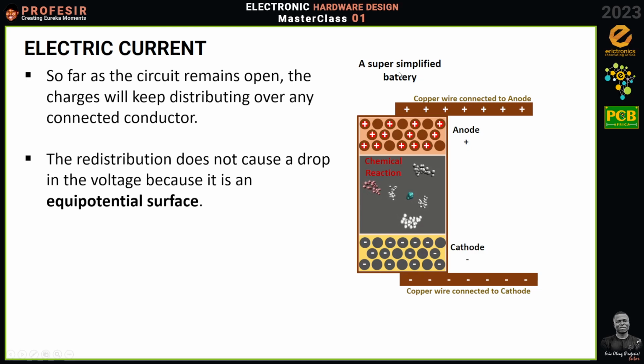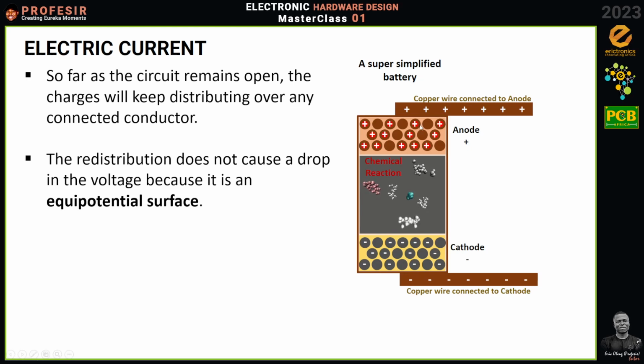Okay, now a surface that is at the same potential at every point is called an equipotential surface. So if we say that something is an equipotential surface, it means that the voltage at any point is the same.